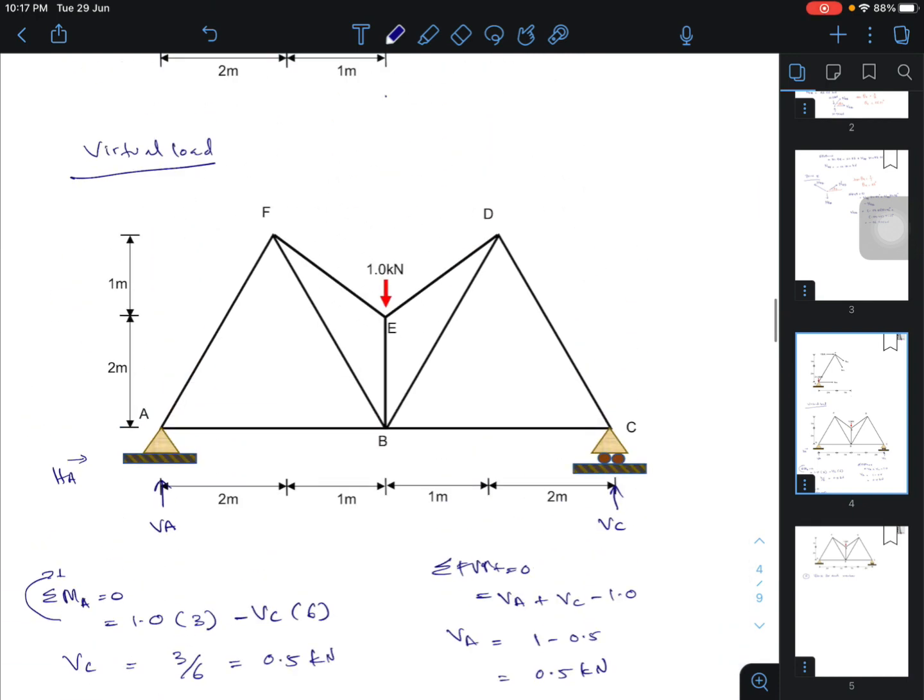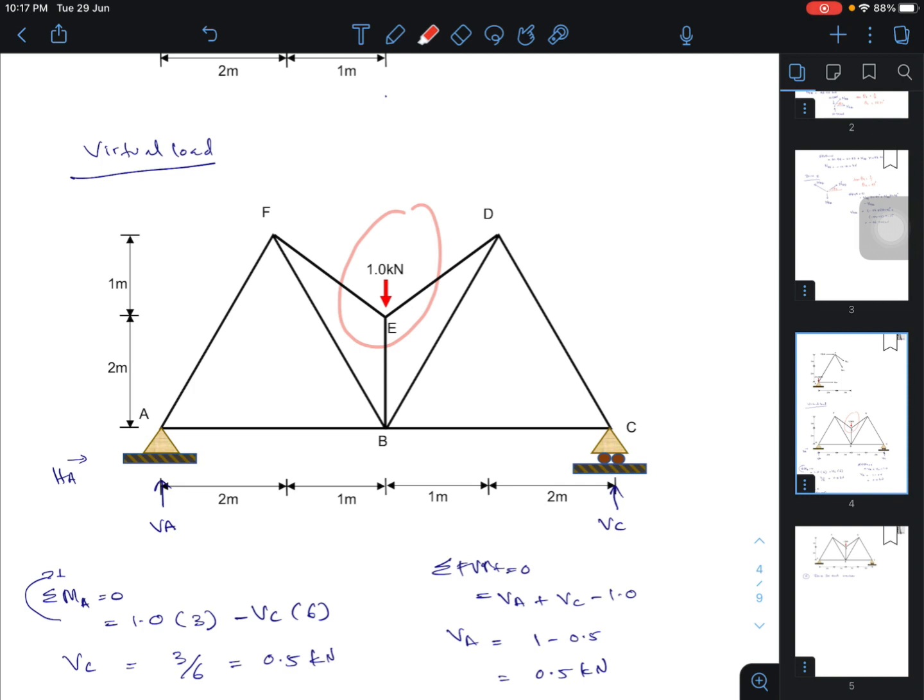For the virtual load, we must bear in mind that the location of the 1.0 depends on the question. In this case, we need to identify the vertical deflection, so we place 1.0 in the vertical direction, going down or going up depending, but the difference will reflect in the value at the end.